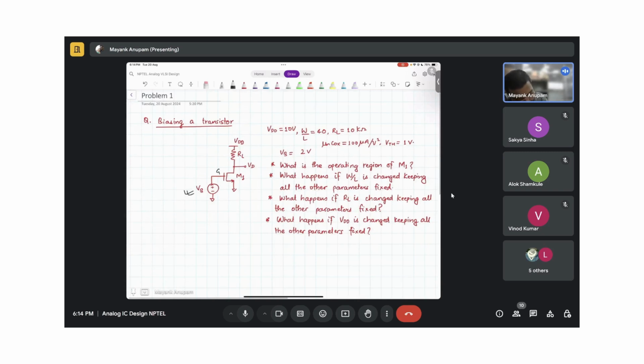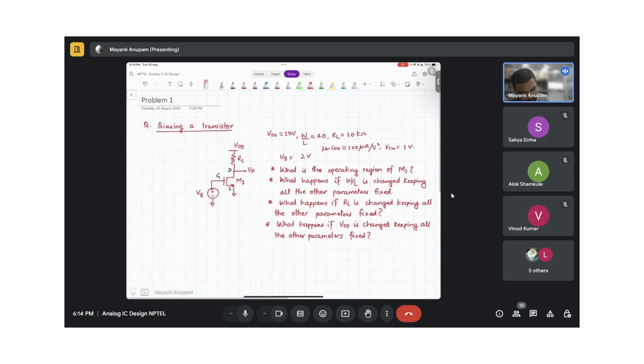This is the gate, this is the drain, this is the source. For simplicity we do not show the body terminal, but there is a body terminal also. At the gate we have applied a bias voltage VB. It's a DC voltage.